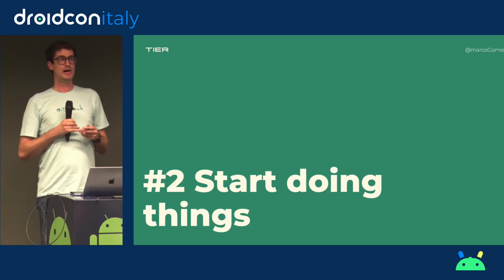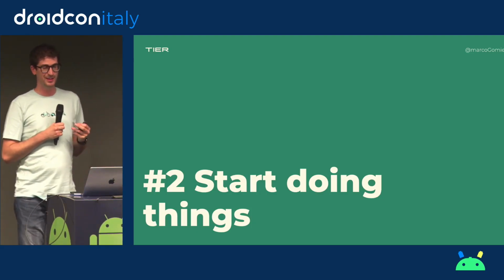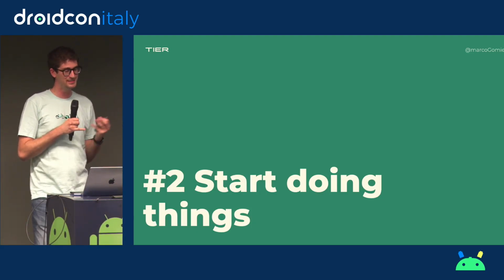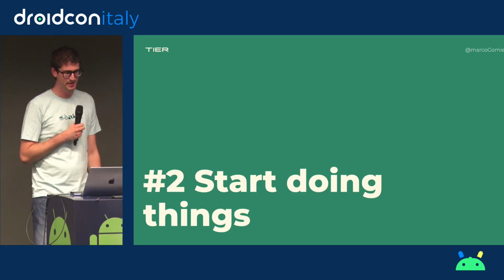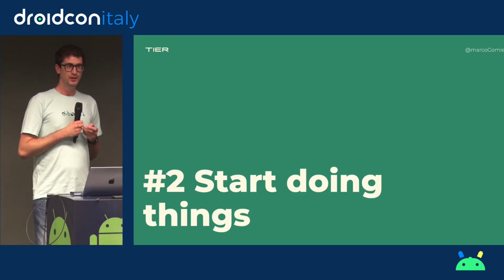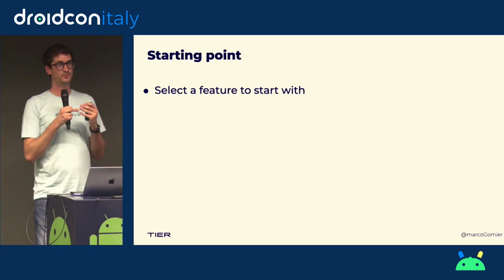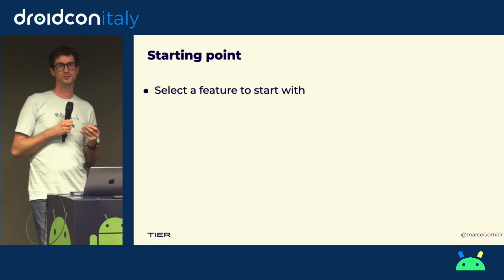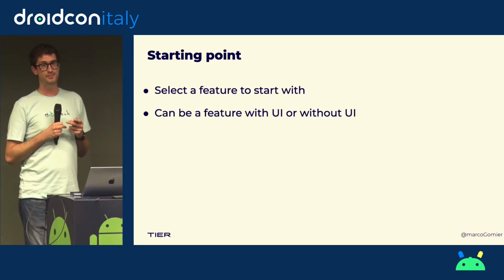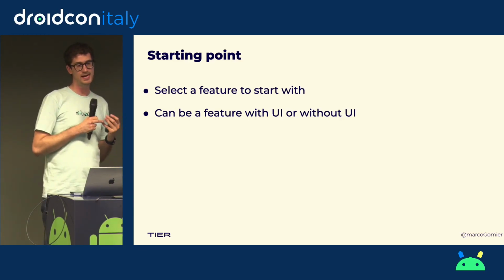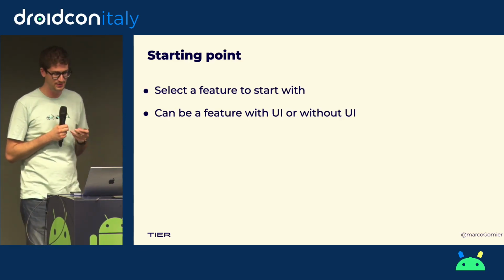Okay, so after doing the whiteboard, basically, it's now time to finally write some code. So we can start doing stuff. And in order to do stuff, you need to start from somewhere. So you can select a feature to start with. And it can be a feature that has UI inside or a feature that doesn't have UI inside.